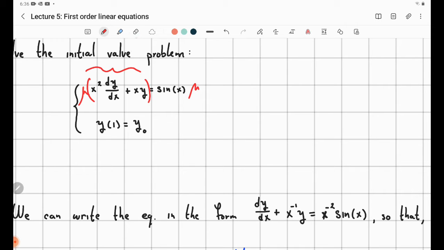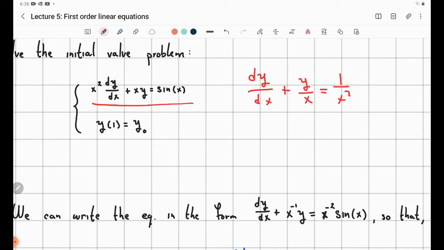In this case, we need to divide the whole equation by x squared first. If you divide the whole equation by x squared, we obtain the following equation, which is this one. This is just y divided by x, and this is equal to 1 over x squared times the sine function.